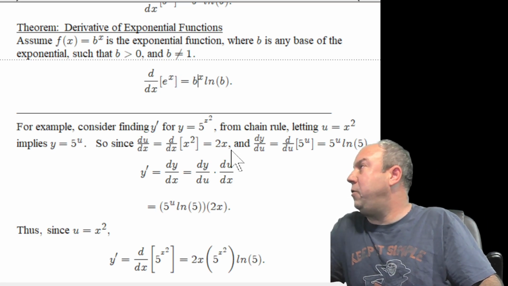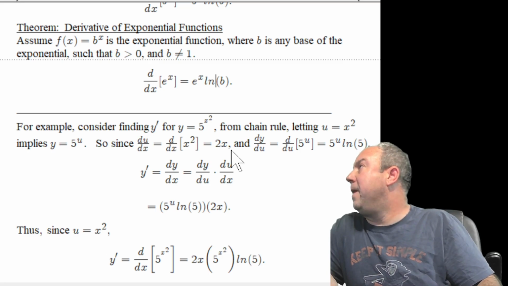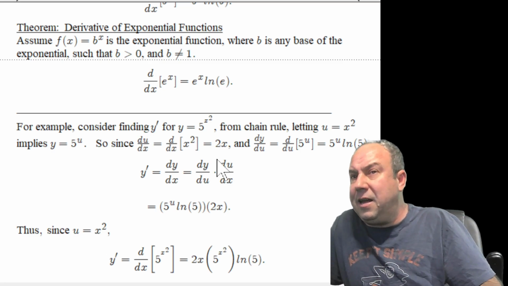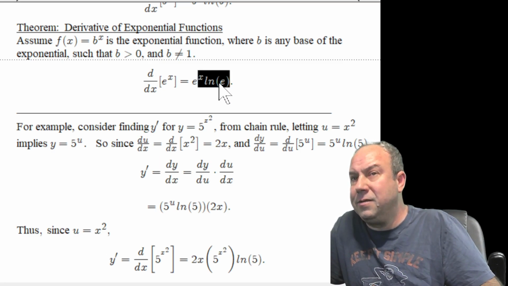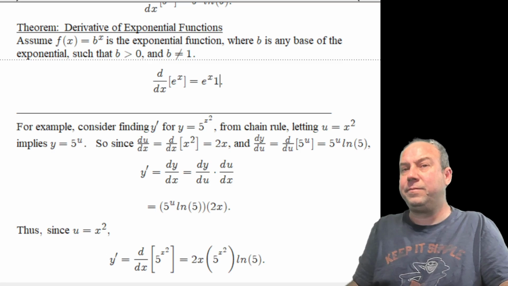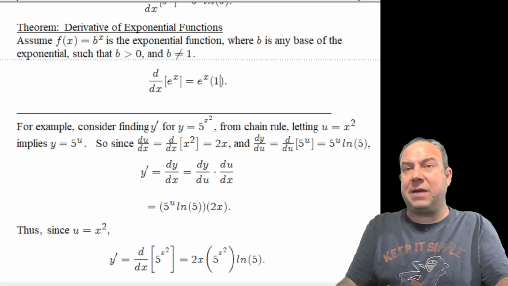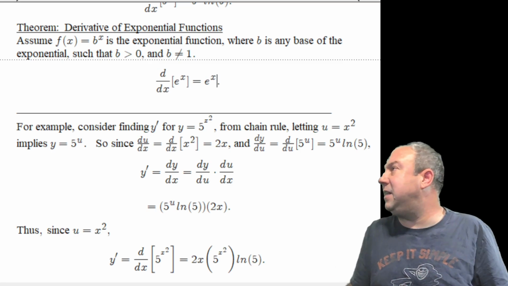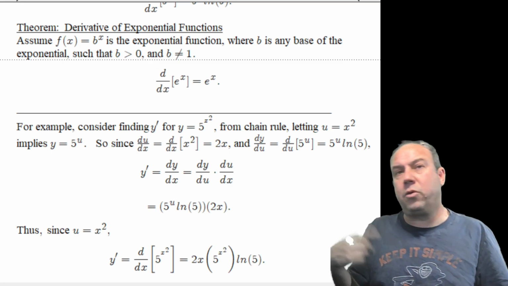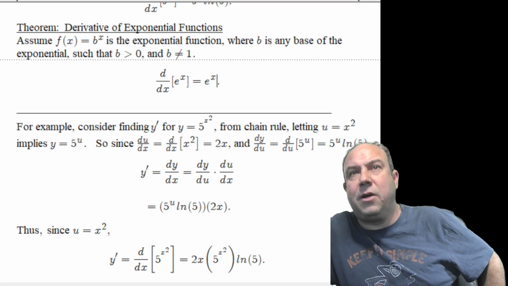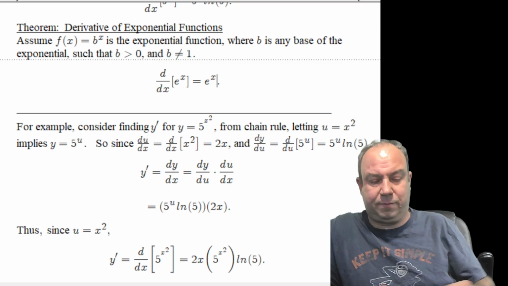And if I substitute in the value of e here, and here, well, the ln of e is just equal to the value of 1. So this would be like multiplying by 1. And what is e to the x times 1? Well, it's just e to the x. And that's where we get our derivative result for e to the x. We can see that that result is supported by this derivative rule.